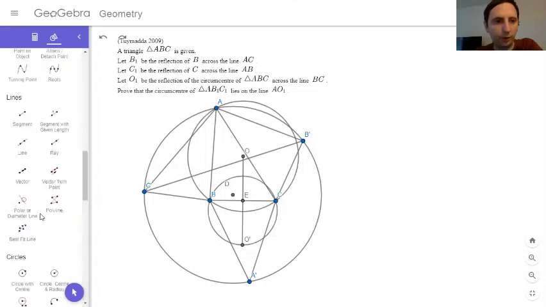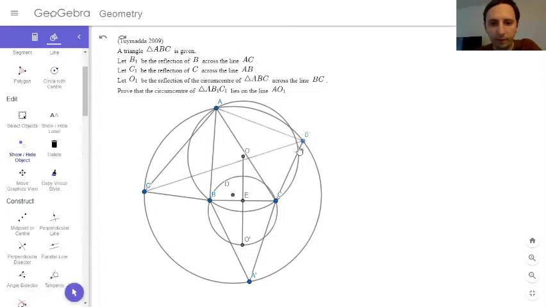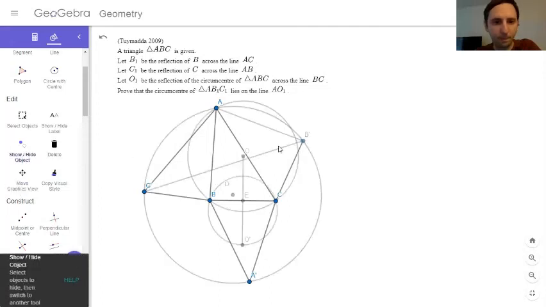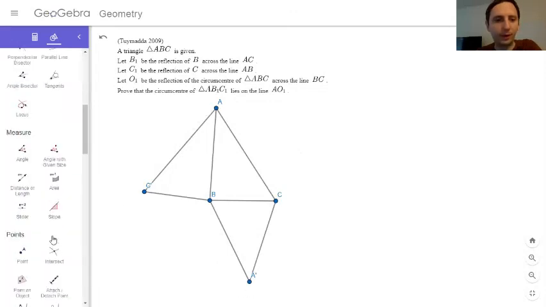All we want to show, I'm just going to hide a bunch of stuff, we don't even need a lot of points in this figure. All we have to show is that in this configuration, angle AC prime A prime is 90 degrees.